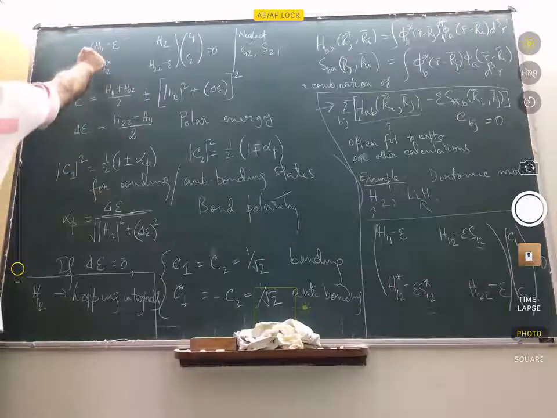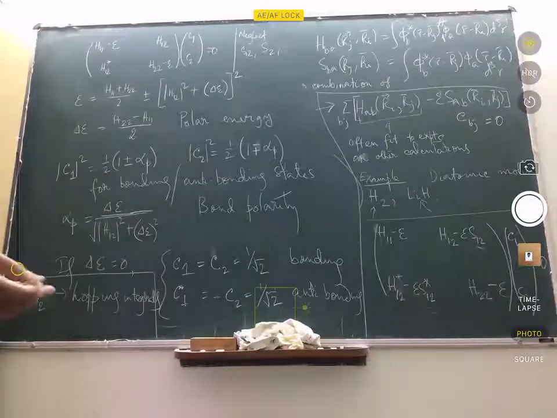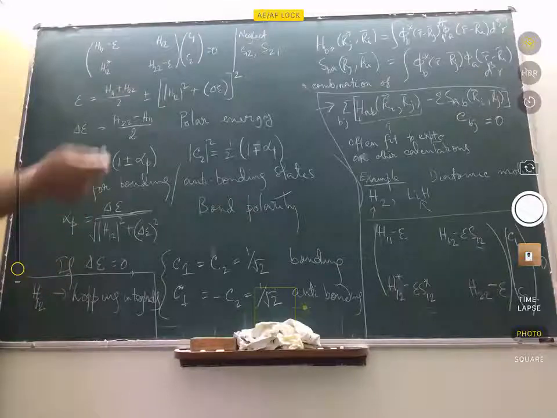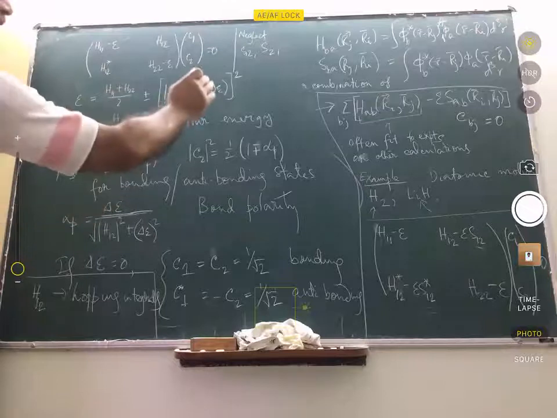So this H11, H12, these are matrix elements of the Hamiltonian. And I repeat, the Hamiltonian of the system that we are interested in. It could be a molecule. In this case, it's a molecule. It could be a solid. So it's the full Hamiltonian of the solid or the molecule. I'll write that more explicitly later on.